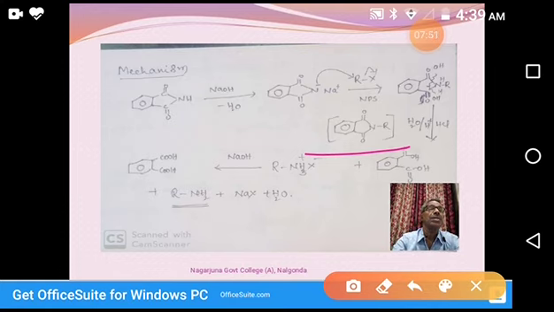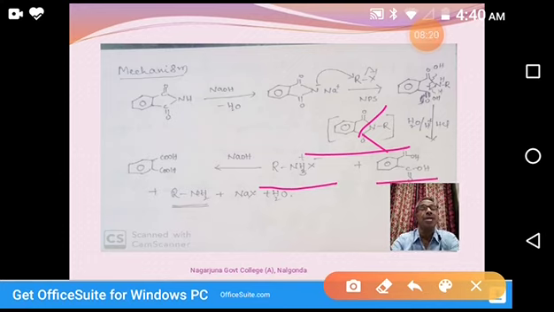This N-alkyl phthalimide on hydrolysis, what is happening here? This bond is breaking, this bond is also breaking. Amides on hydrolysis give amines, we know that. This reaction is going on in the presence of acid, so you get the halide salt of ammonium, and at the same time you get phthalic acid.